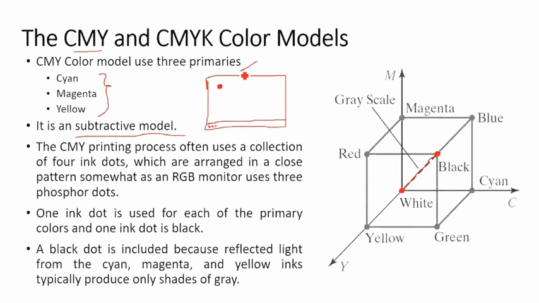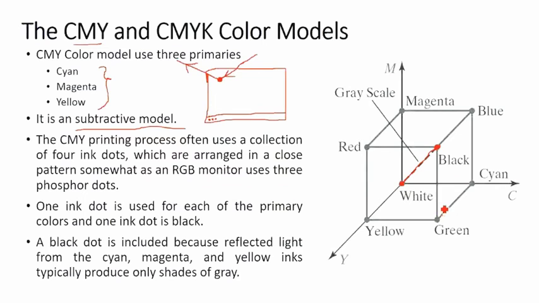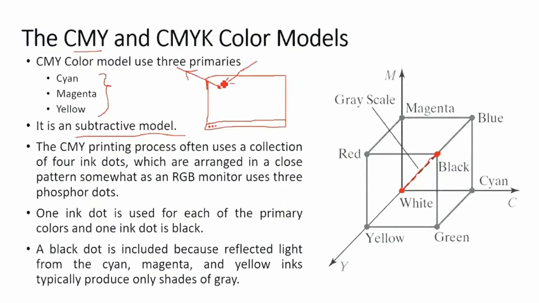The white light which is incident at this point will reflect back only the blue component, and it will absorb the red and the green components. Cyan basically absorbs the red component, and magenta absorbs the green component, and what you will see will be the blue component. So that's how you actually get to see the primary colors RGB on the printing material, whichever is used in newspapers or your printers.